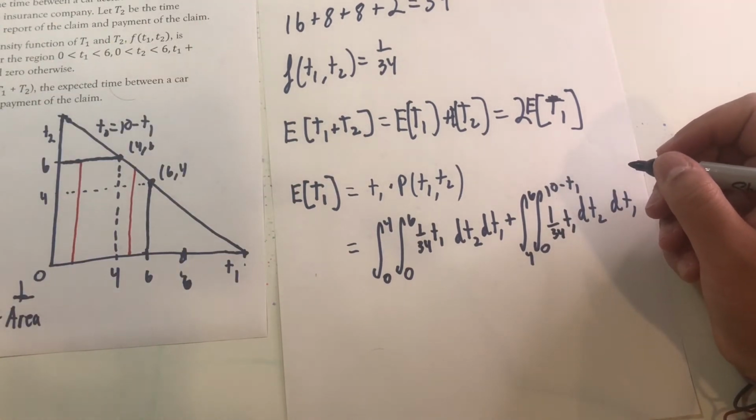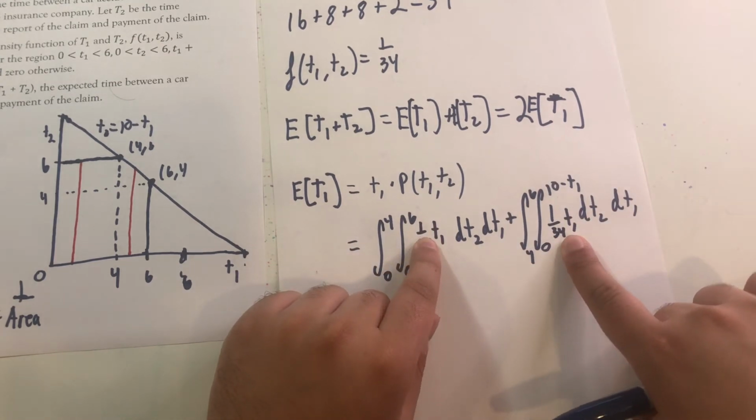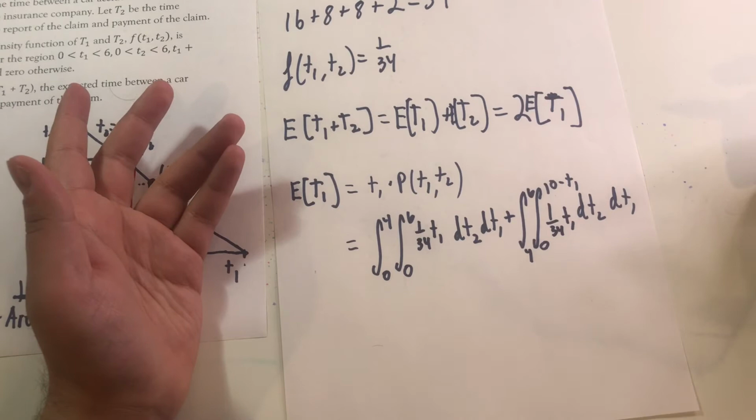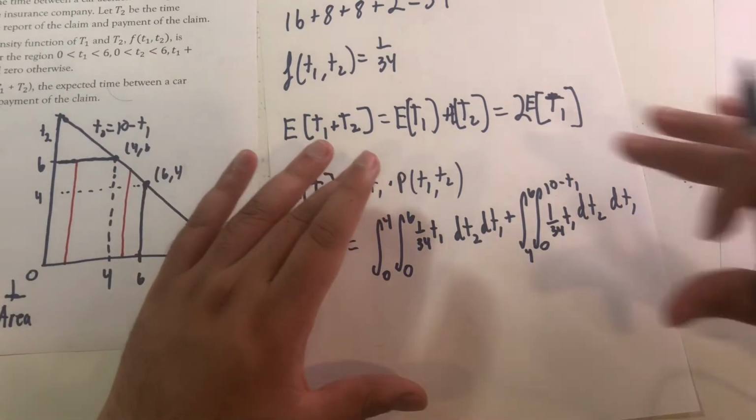Now here's the thing. These are both constants right now because I'm integrating with respect to T2. So I'm going to, one, get another piece of paper, but I'm also going to take those out.